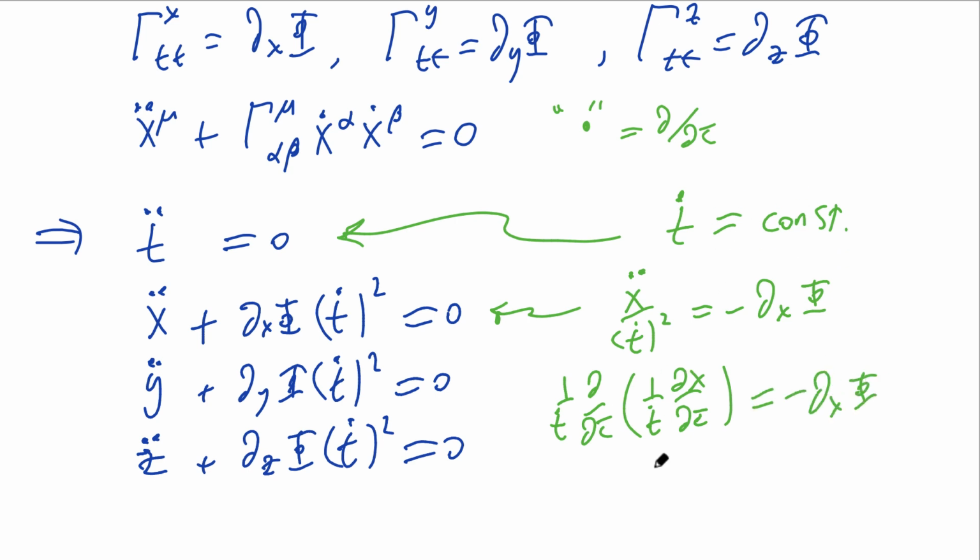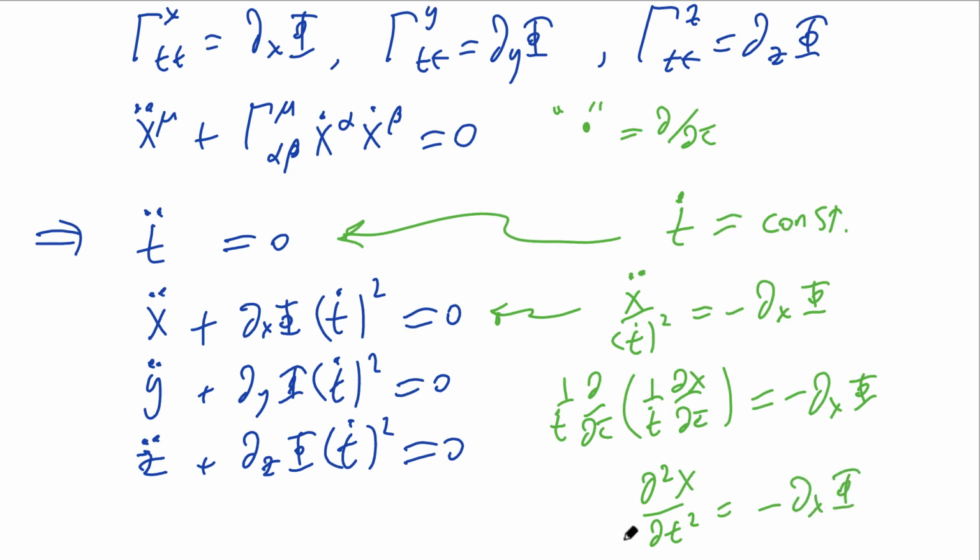So the fact that t dot is constant allows us to bring this t dot inside this derivative. And now this is just the derivative of x with respect to t, and this is just derivative with respect to t. So what we have is second derivative of x with respect to t is equal to minus partial x of phi. And of course we can carry out the same calculation for the y and the z components.